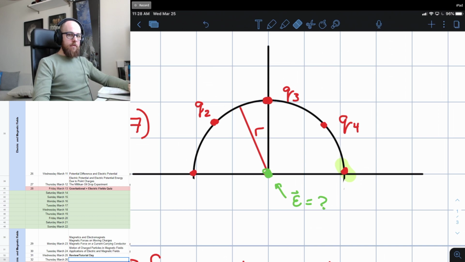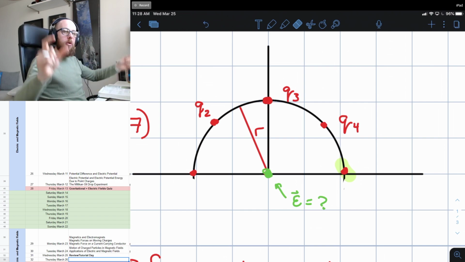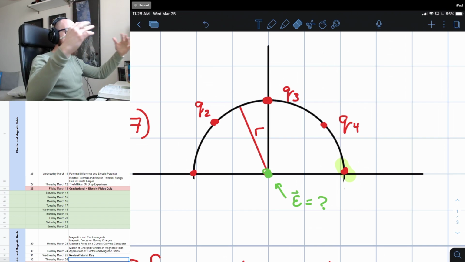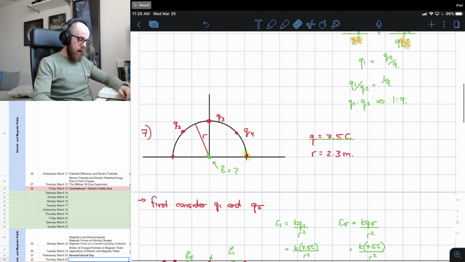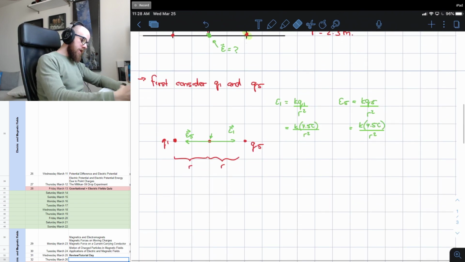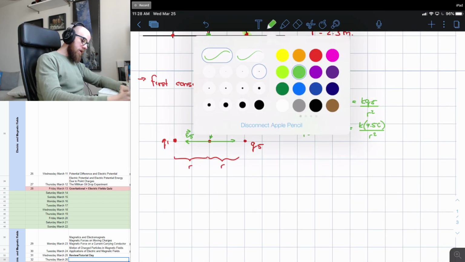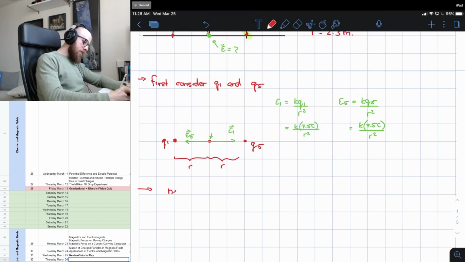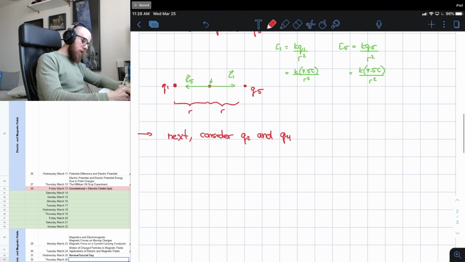So now let's keep going up the circle. Let's switch our attention to Q2 and Q4. Same idea, so I'm going to draw out the picture again.